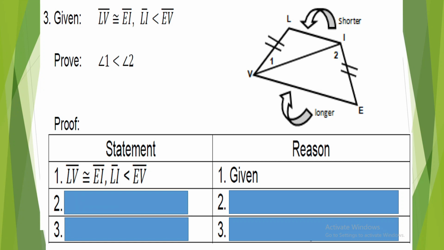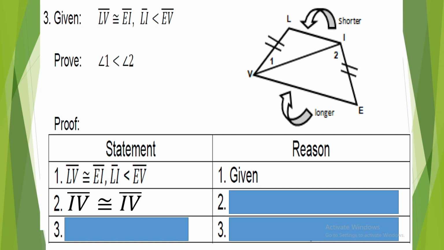Then, based on the given figure, we can see that there are two triangles formed. And considering those two triangles, which are triangle LIV and triangle VIE, there is a common side, and that is segment IV. So we have our second statement, segment IV is congruent to segment IV.